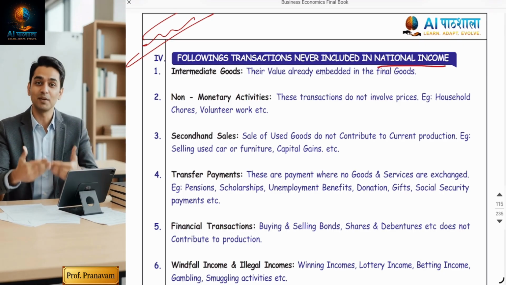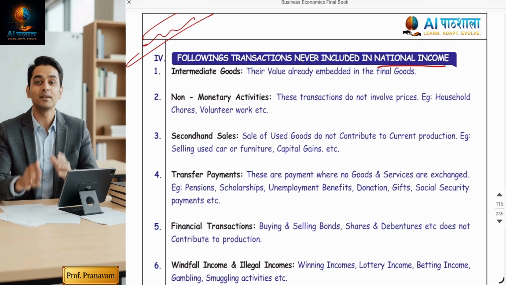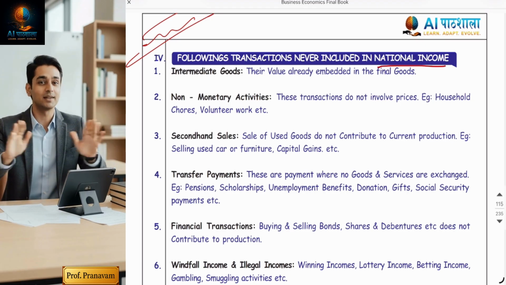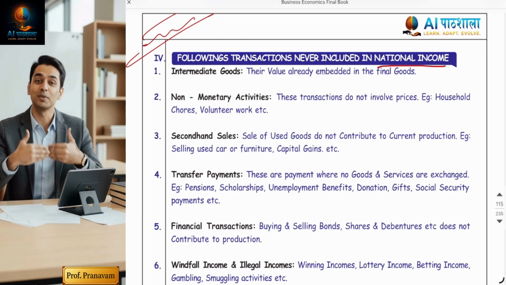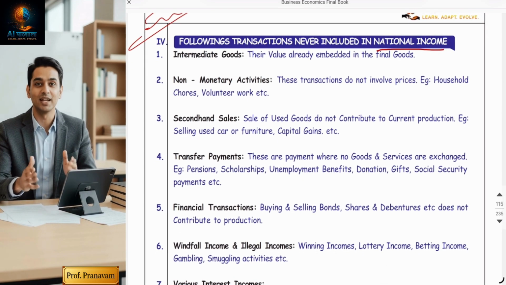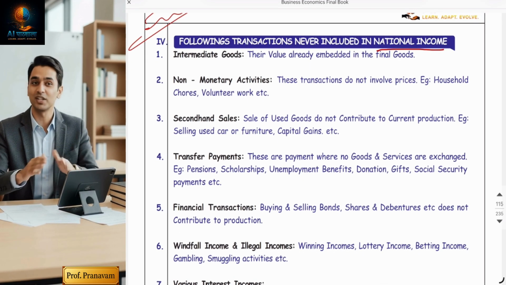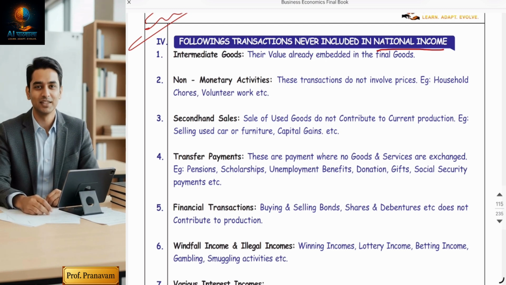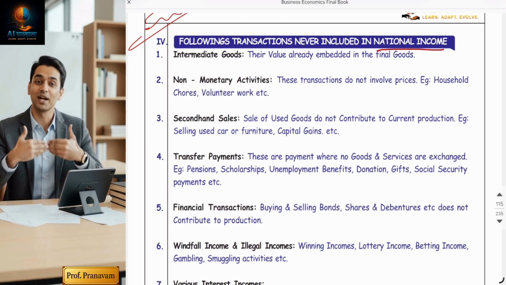As you know, in national income, only and only the money value of goods and services produced in the current year is added. So these are transactions which might not be a payment for current production. A total of 7 points are there which you have to remember. If these transactions come in the exam, you always have to select which is not included.